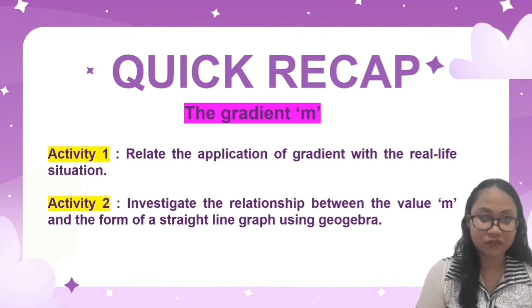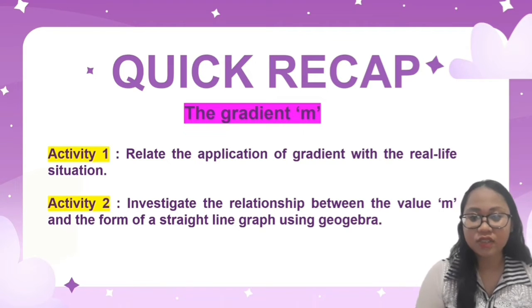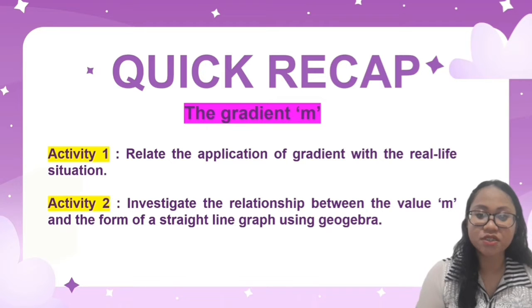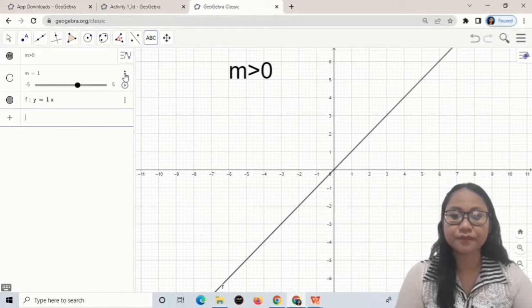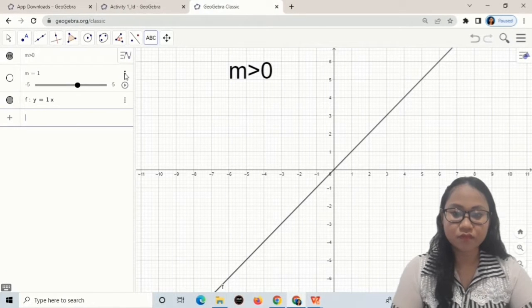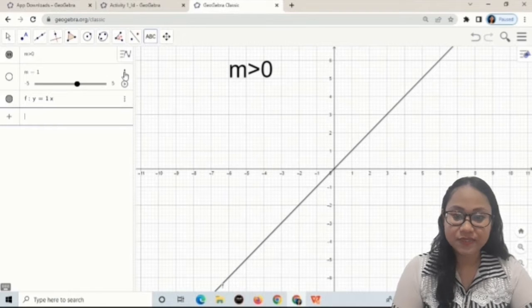For the second activity, we need to investigate the relationship between the value of m and the form of a straight line graph using GeoGebra. Firstly, let me see what will happen if the value of m is positive.